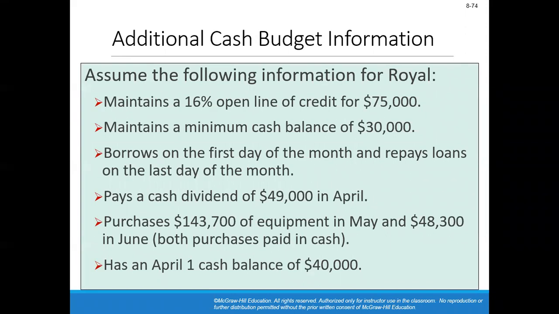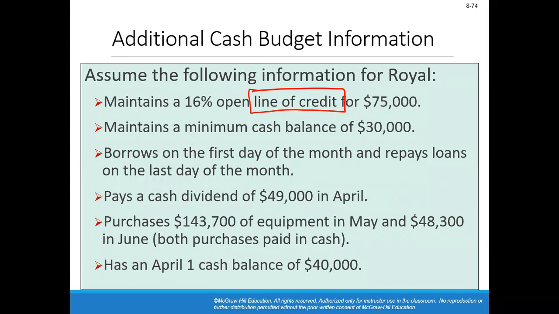So it has been said this company maintains a 16% open line of credit for $75,000. I firmly believe that you have come up with this concept of line of credit from your financial management course, and you know what it means, and how financing is available in this way, right?